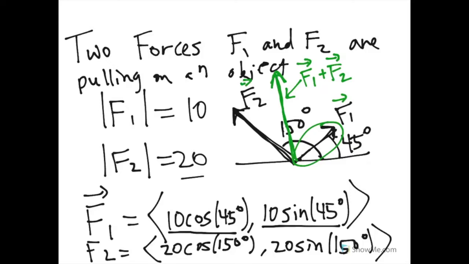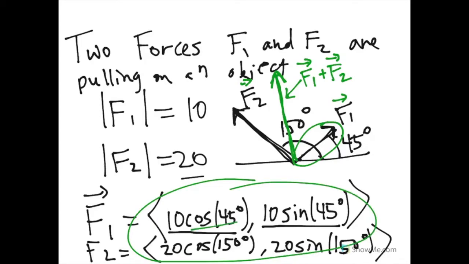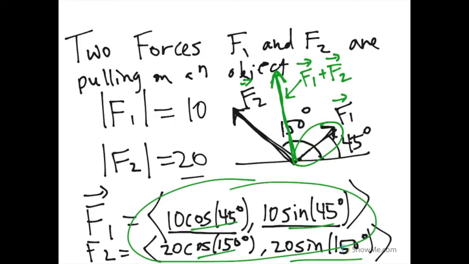And so the question is, what does that look like? If you take these two vectors and add them together, you know what the cosine and sine of 45 degrees and the cosine and sine of 150 are, so you can add those together. Your resultant location of where this object is going to end up looks like this: cosine of 45 is root 2 over 2, sine of 45 is root 2 over 2.